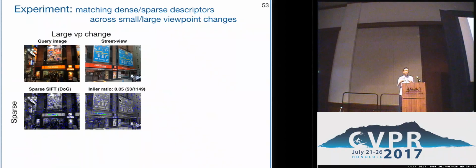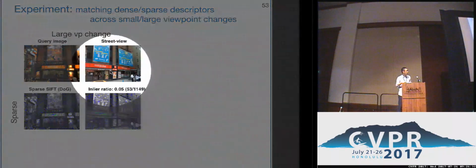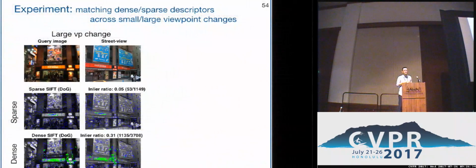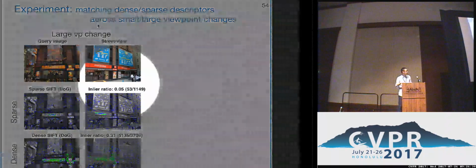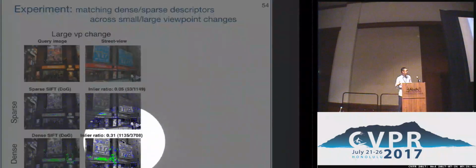Because if the inlier rate is high, we can easily retrieve the images. If we use sparse features, it's very difficult and the inlier ratio is quite low, like this. But once we switch to dense SIFT, the problem becomes much easier.